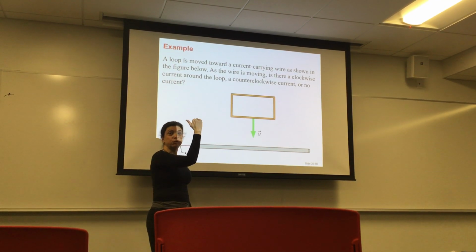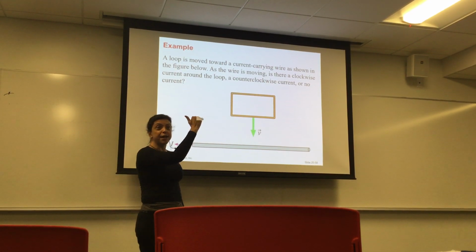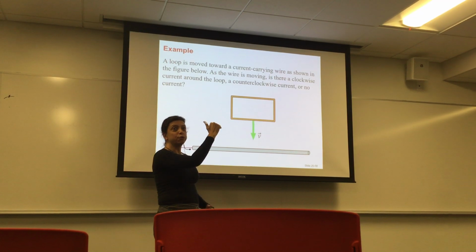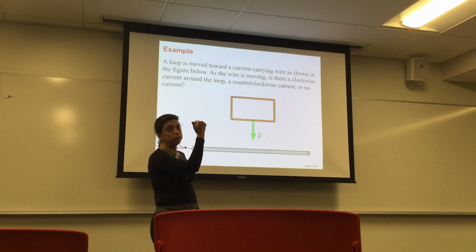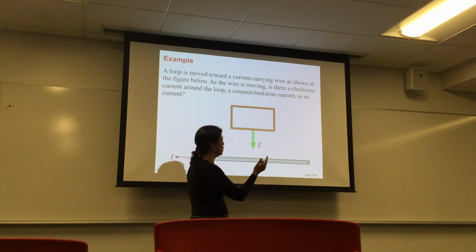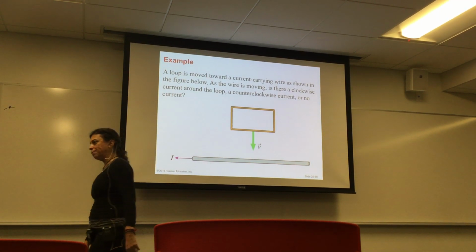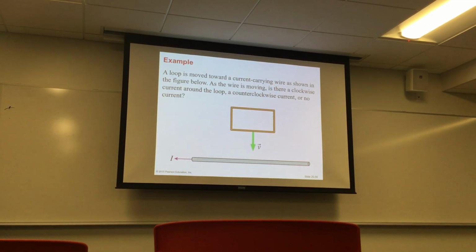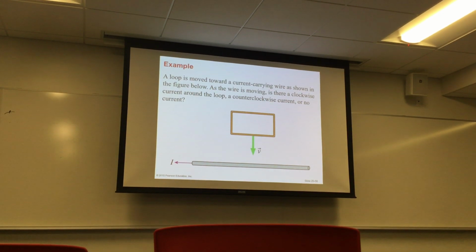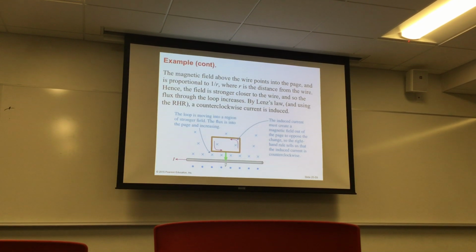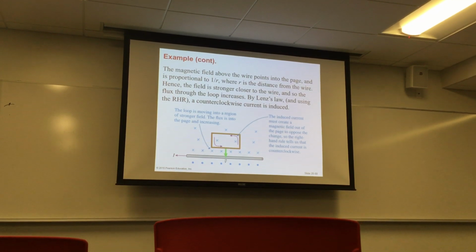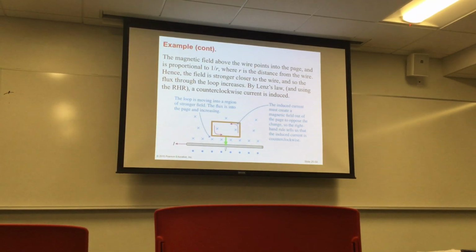Into the loop. So it has to fight that, so it has to create a magnetic field going out. So which is the direction of the current? Counterclockwise. Okay? We must create a magnetic field out of the page and therefore counterclockwise.